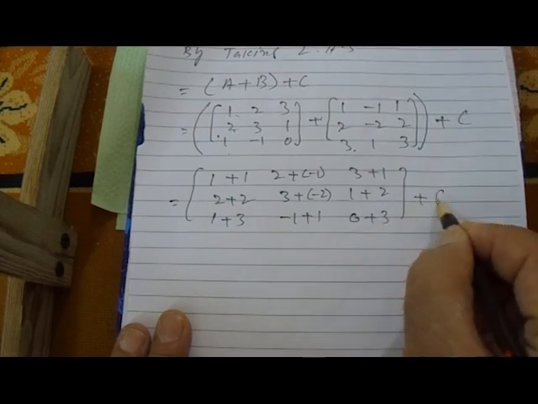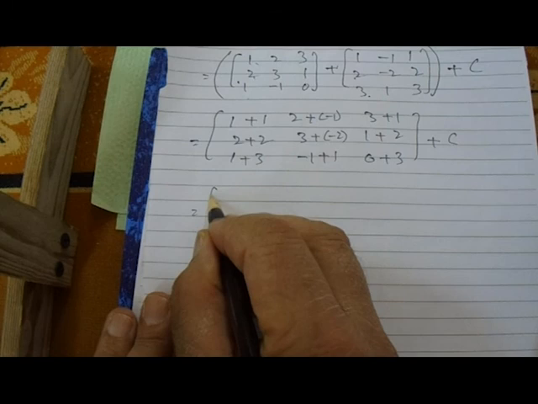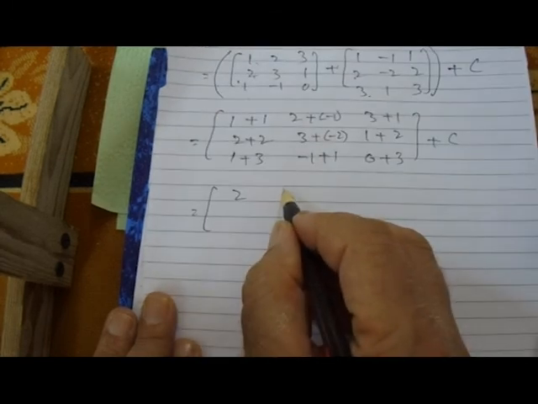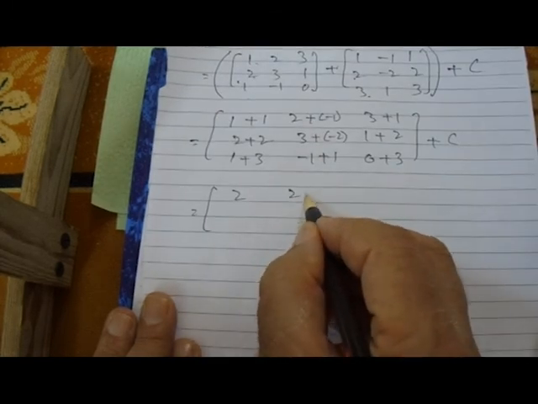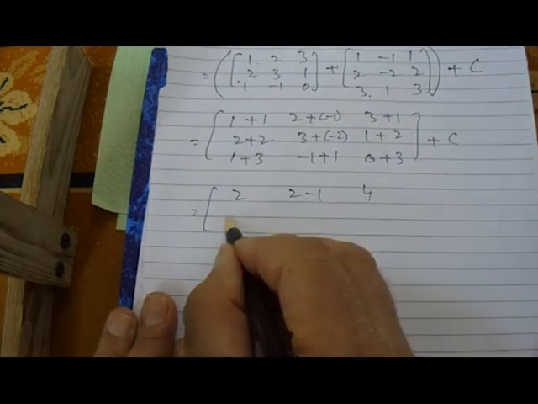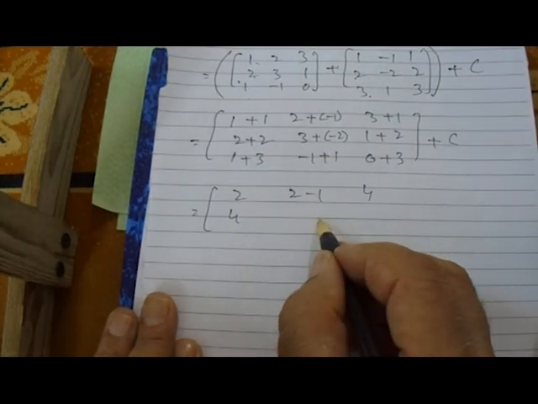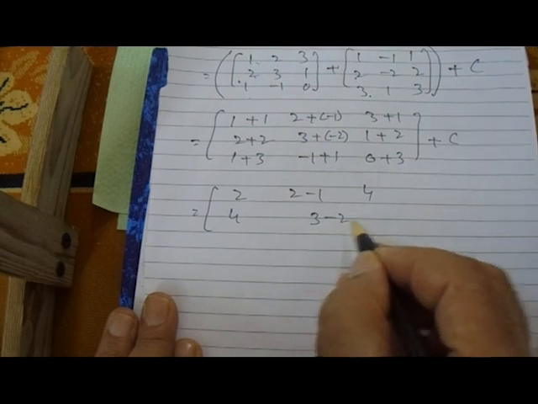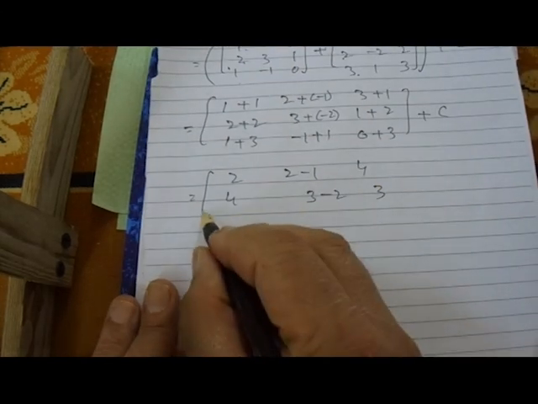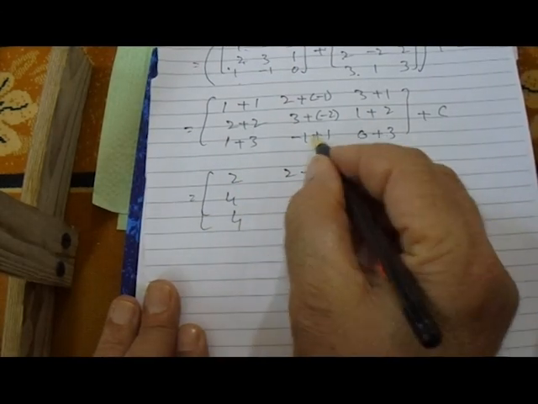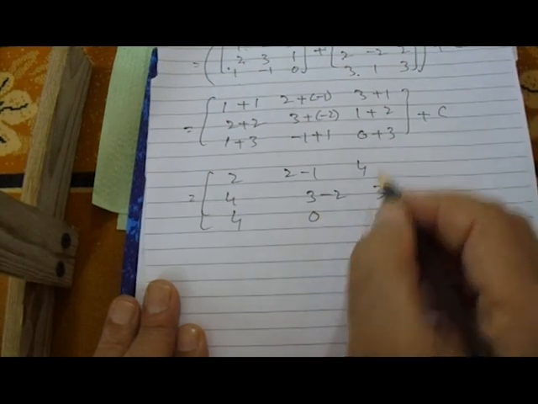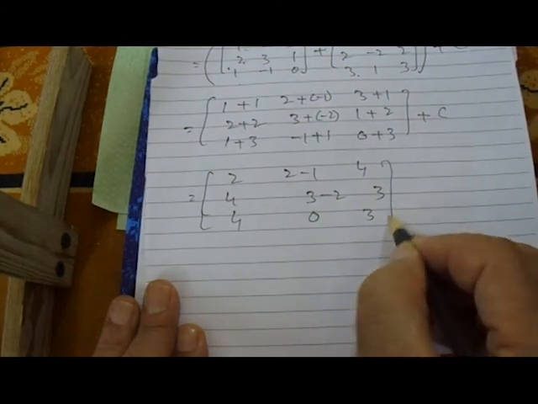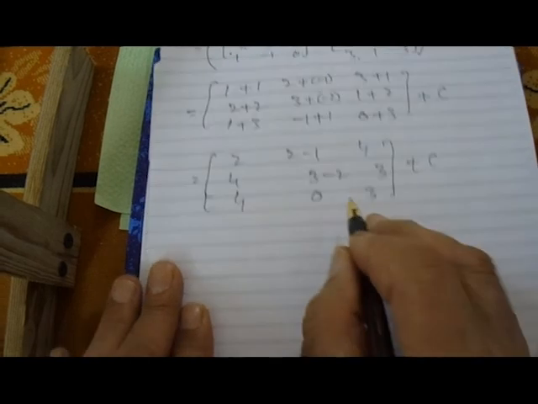This is our plus C. Again here is equal to 2 and 2 minus 1, 4, 4 and 3 minus 2 and 3, here 4 and 0 and 3. Now this is our plus this solution.